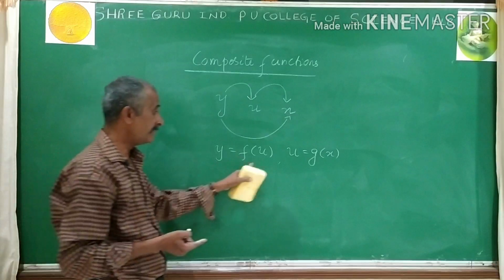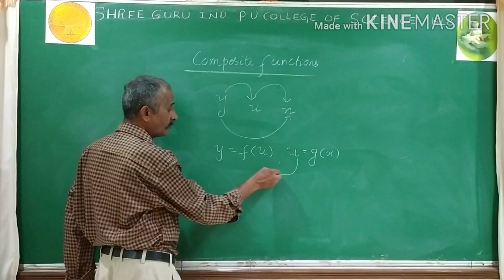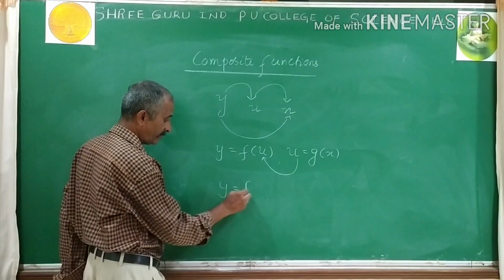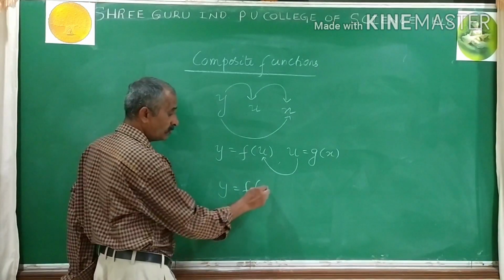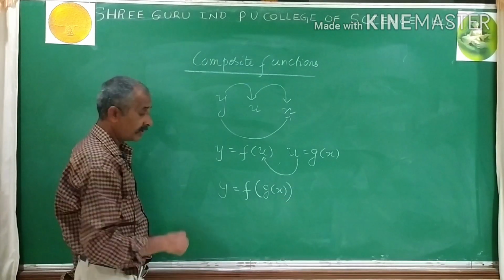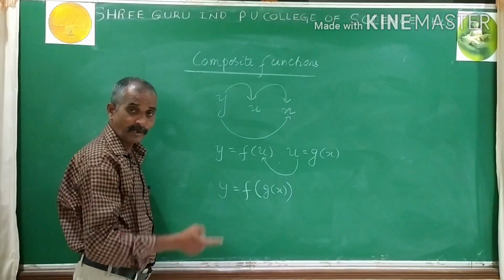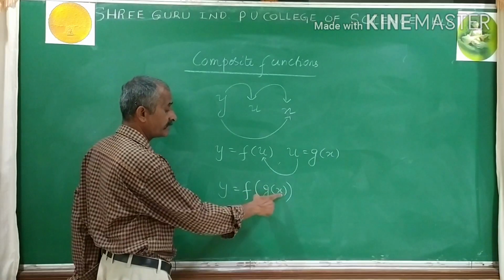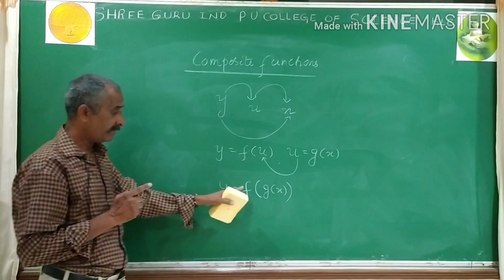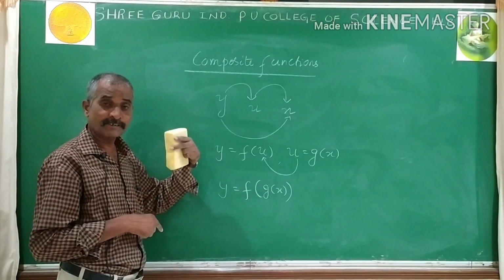Now using the value of u in this y function, y becomes f of u. What is u? u means g of x. Here, overall, y is equal to f of g of x, means y is the f function of the g function of x, nothing but y is undergoing 2 functions, namely the f function as well as the g function. Now we say that y is a composite function of x.